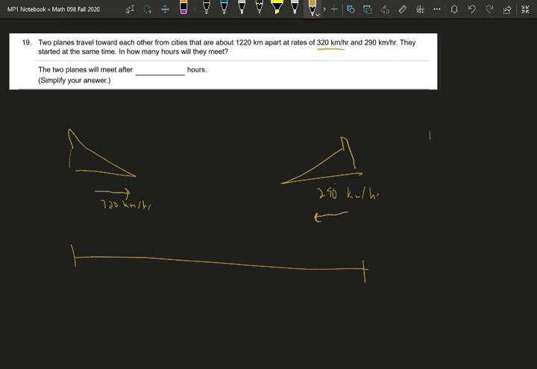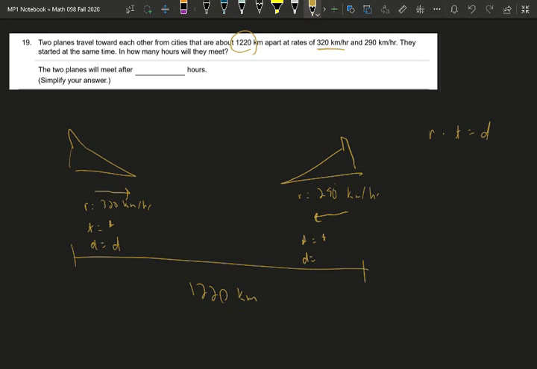Okay, so we're once again going to use rate times time equals distance. The rate is already given. The time is unknown, but the time is going to be equal for both. And the distance, we're going to call that D. We know that they're 1,220 kilometers apart.